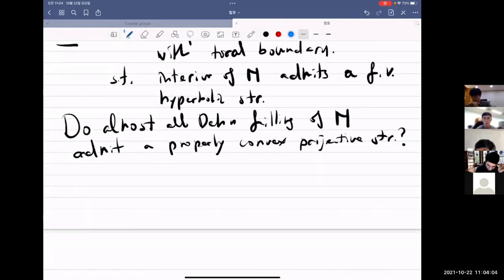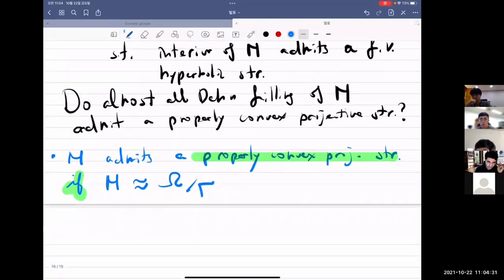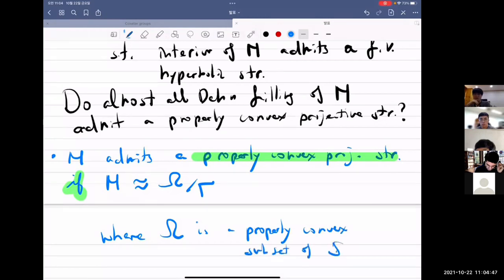Let me remind you of the precise definition of admitting a properly convex projective structure. The manifold M admits a properly convex projective structure if M is homeomorphic to Omega quotient by Gamma, where Omega is a properly convex subset of S^n.